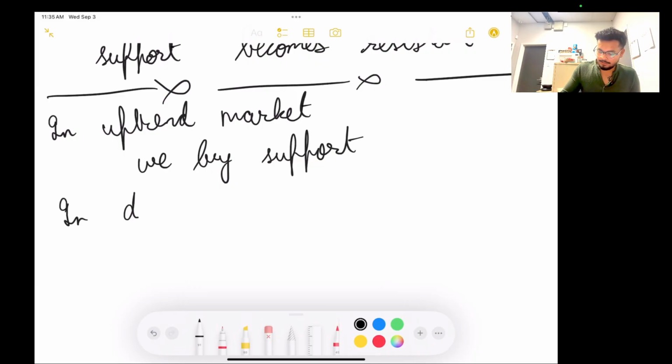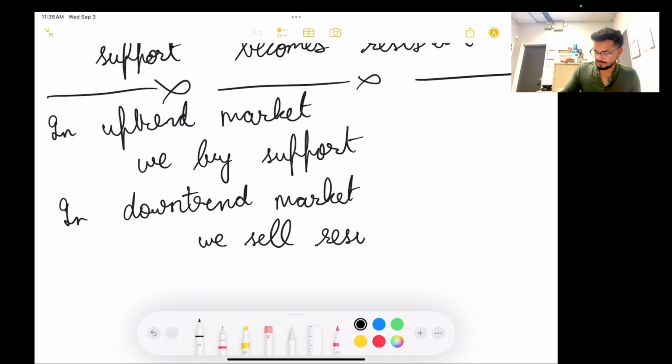In downtrend market, we sell resistance. In an uptrend market, we buy support. In downtrend market, we sell resistance.